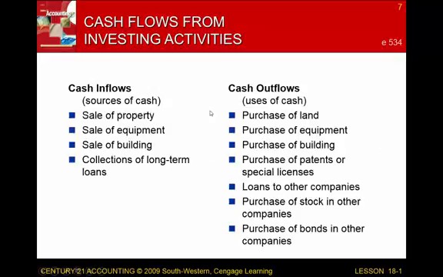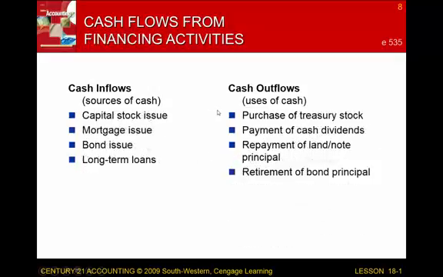Our third activity that we deal with in cash flows is going to be our financing activities. Cash receipts and payments involving debt or equity transactions are called financing activities. Most companies need cash in order to start the business and to maintain operations. Financing activities involving borrowing money from owners or borrowing funds from creditors are going to be in the realm of investments, dividends, or cash payments.